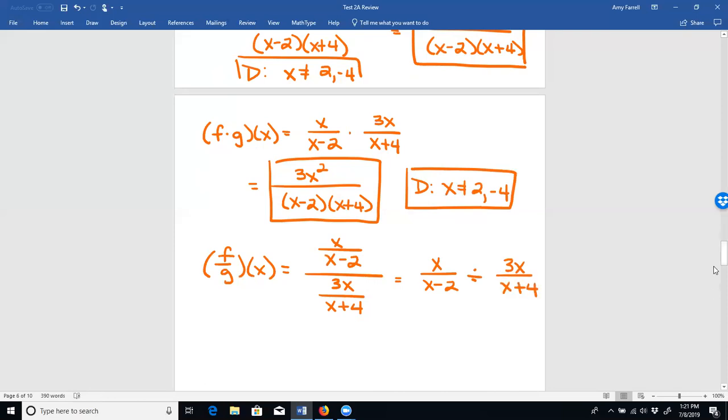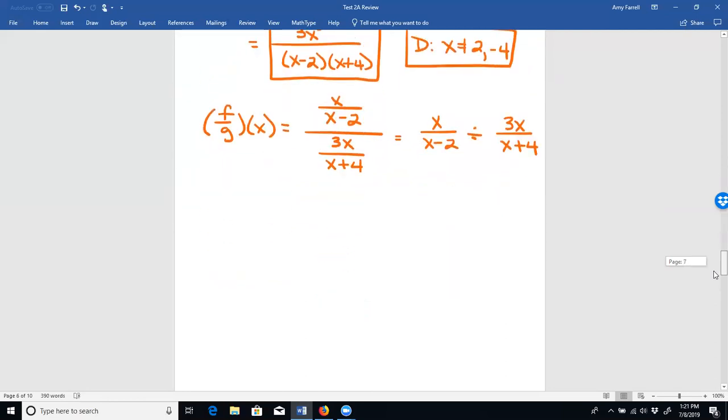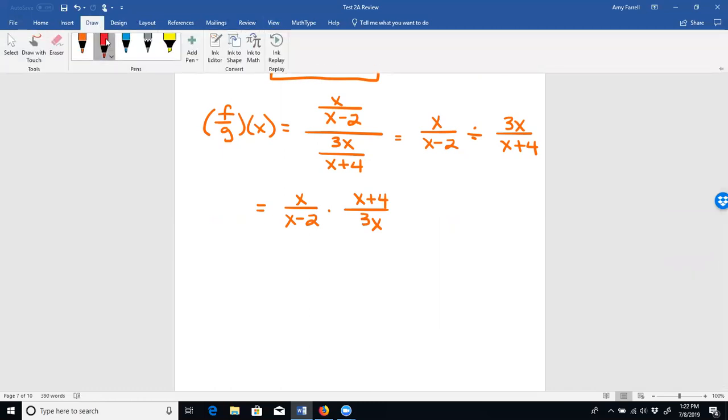Now, when we're dividing two fractions or two rational expressions, we can multiply by the reciprocal of the second one. So I'm going to change this to a multiplication, but I'm going to flip the second. Now, there is one thing we can do to reduce this. We can cross-cancel the x's.